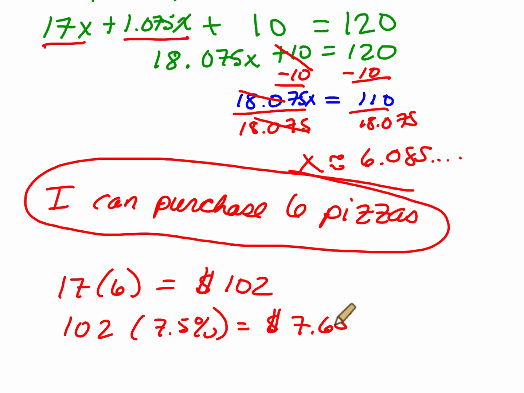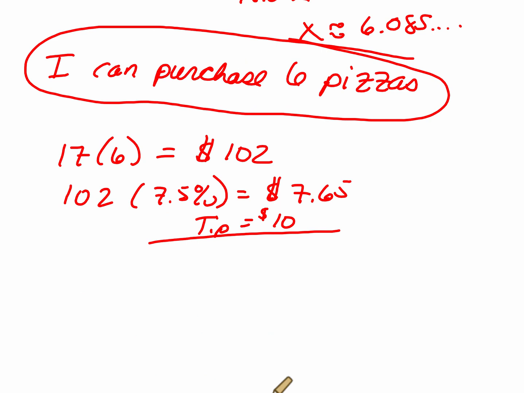And then the $10 tip. If I total those together, 102 plus 7.65 plus 10 gives me 119.65, which puts me just under $120. So with 35 cents as my change, which I would probably put in the tip jar.